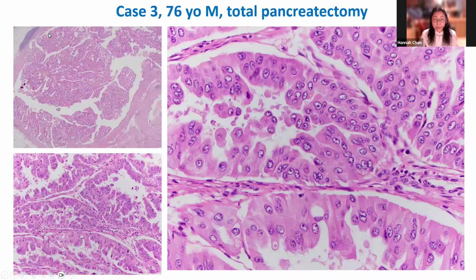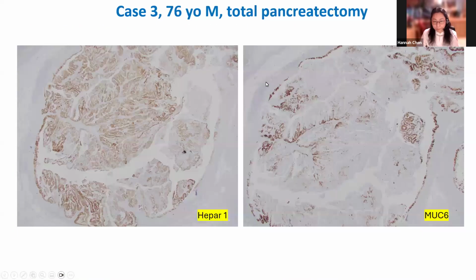All the lesion is confined in the ductal system and involves the entire pancreatic ductal system, the entire pancreas. This lesion shows very complex architecture. You can see papillary tubules, and cytologically, the cells show abundant eosinophilic cytoplasm. The nuclei are enlarged with prominent nucleoli.